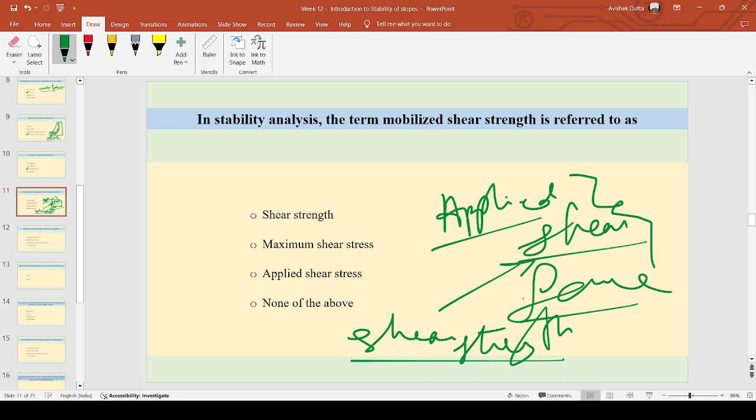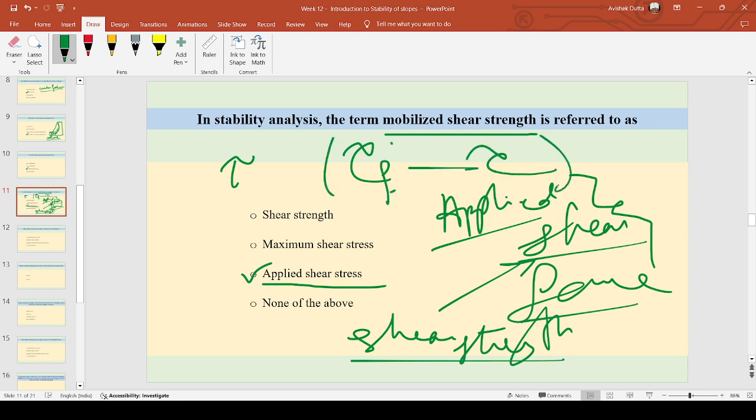So the mobilized shear strength is nothing but the response of the material to the applied shear stress. If the applied shear stress is tau and the shear strength is tau f, then from tau f, a part of the shear strength has been used up in resisting this shear stress tau.